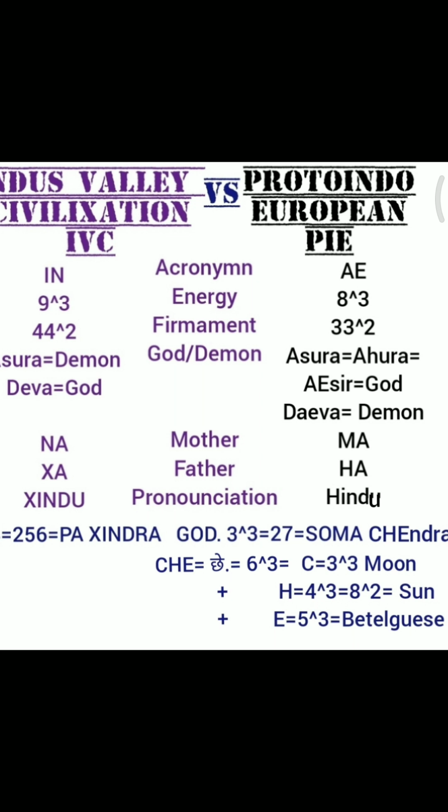In Gujarati, they say Kemche. So to say what's up, they say Kemche. And in Bengali also, most of the words end with the syllable Che. So the syllable Che has a lot of importance in Proto-Indo-European languages, and it could mean 6 cube.